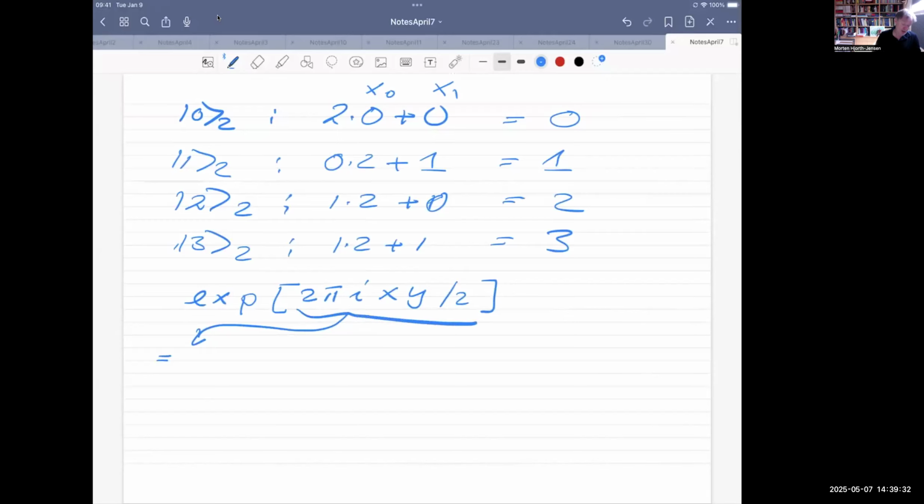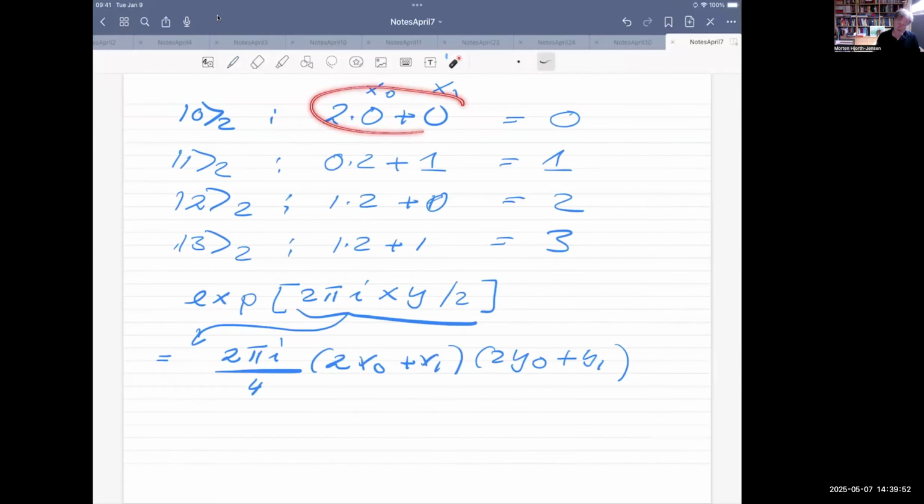So the argument can then be written as 2 pi i, and this is obviously divided by 4. And then I have 2x0 plus x1 and 2y0 plus y1. So I'm simply using this simple formula which we used here to find the right labels, and I'm simply rewriting the x and y's in terms of the individual qubits.